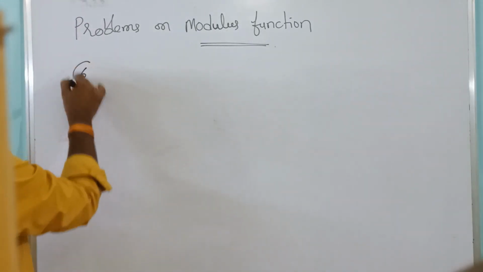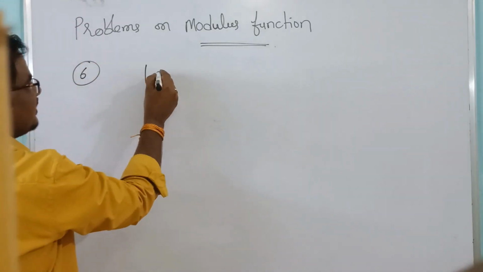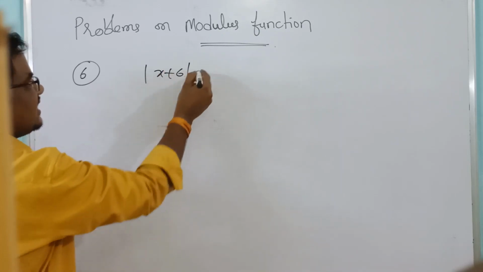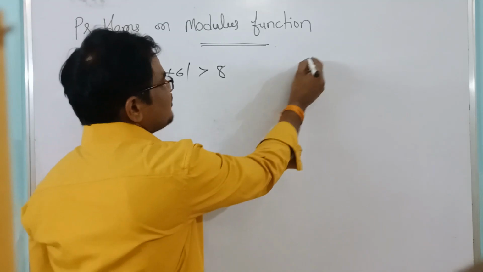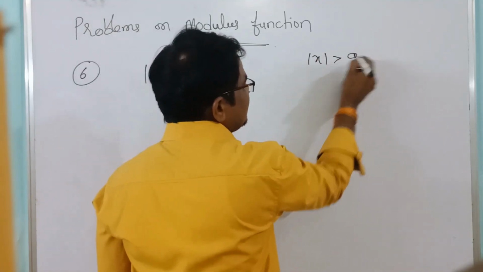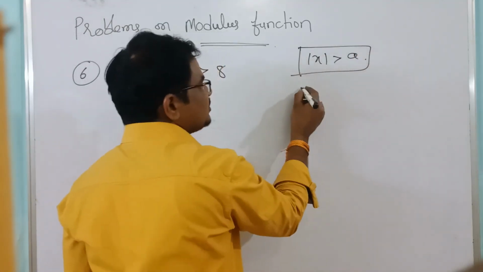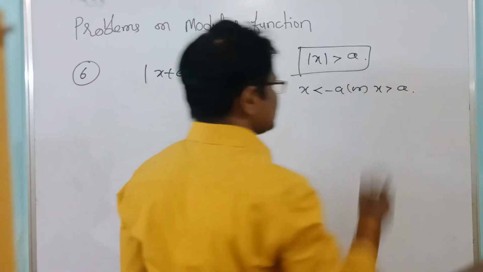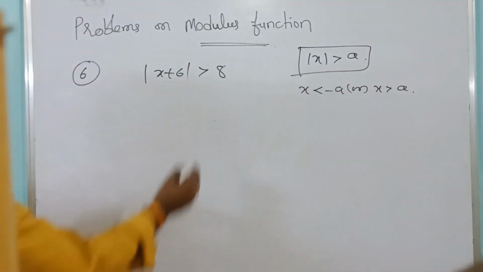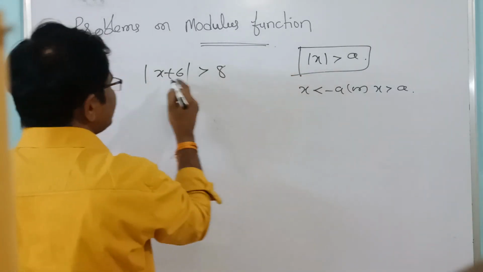Next, suppose like this they have given modulus of x plus 6 greater than 8. So it is in the form of mod x greater than a. Mod x greater than a means we write it as x less than minus a or x greater than a. In place of a, 8 is there, in place of x, x plus 6.